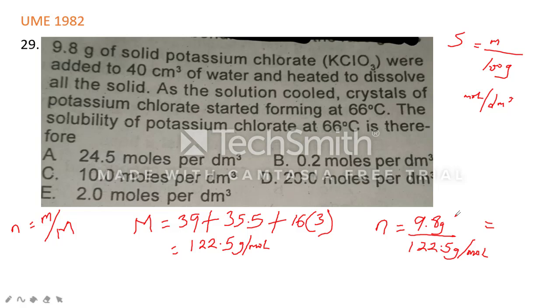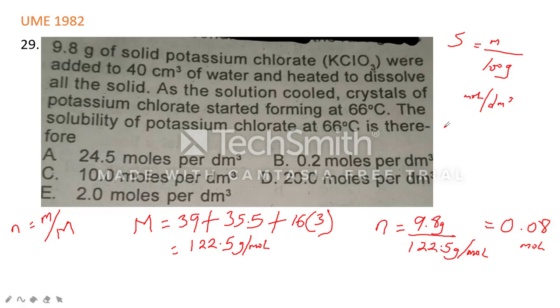Let me figure that out: 9.8 divided by 122.5, that would be 0.08 mole. So that is for the mole, and the solvent is 40 cubic centimeter.